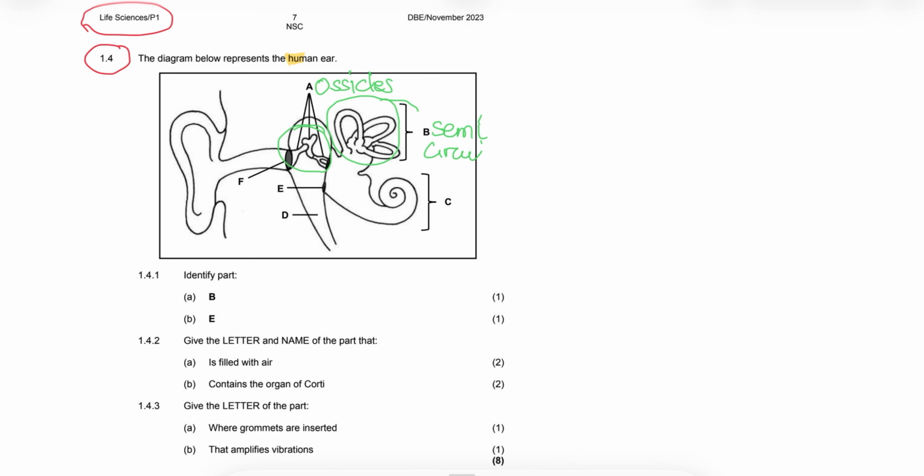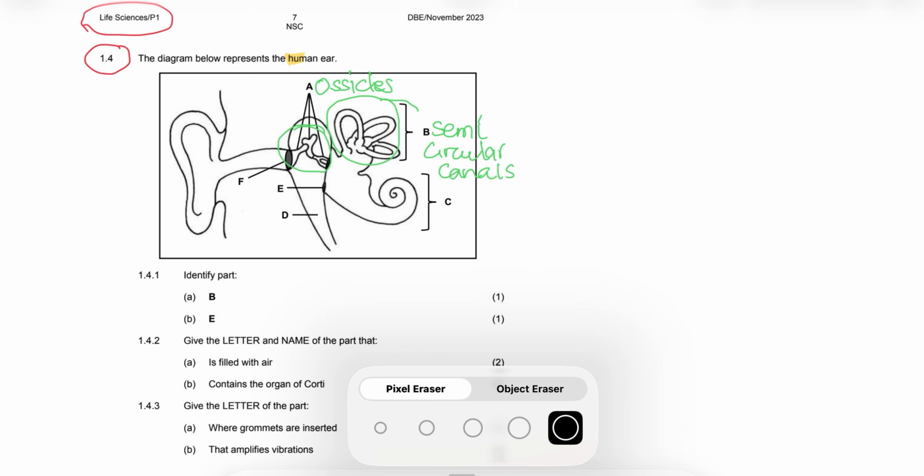Semicircular canals. Let me just put an eye there. Right, semicircular canals.